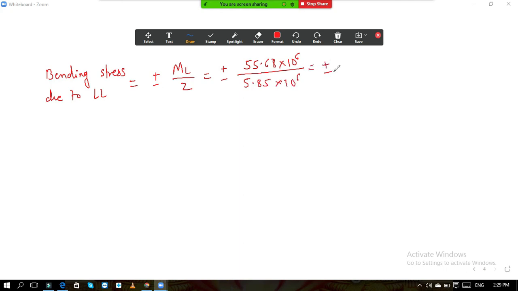So what is the answer? Divided by 5.85, it is 9.51 Newton per mm square. This is the answer.